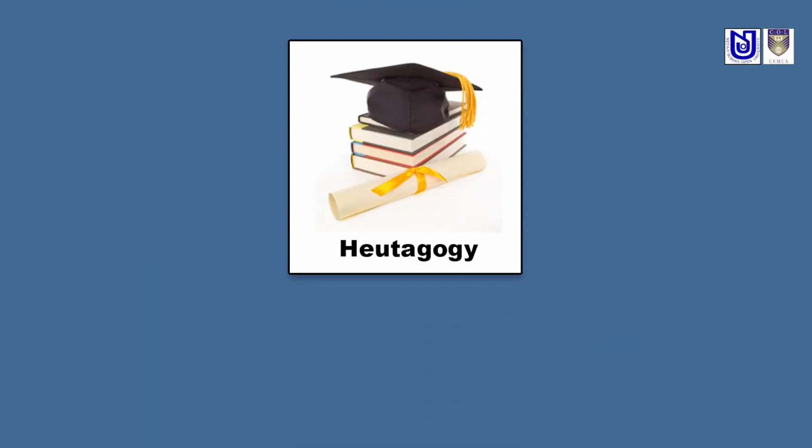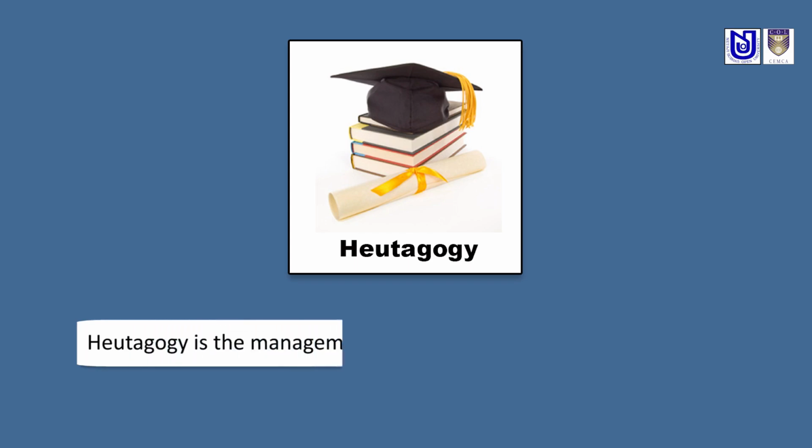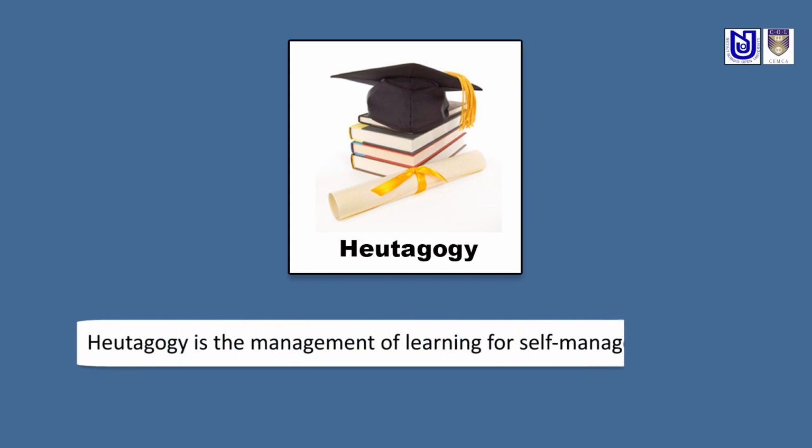Now we come to Heutagogy. As we have come across the concept of Heutagogy, we have a little bit of idea. We know what is Heutagogy. It is all pervasive, right? And so we define it as the management of learning for self-managed learners. These self-managed learners are the lifelong learners. Definitely adult learners.